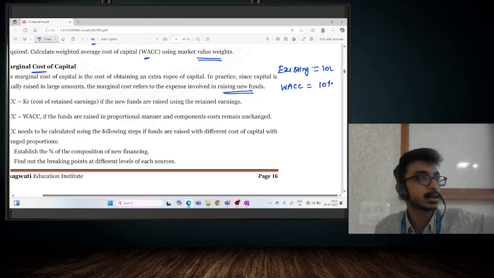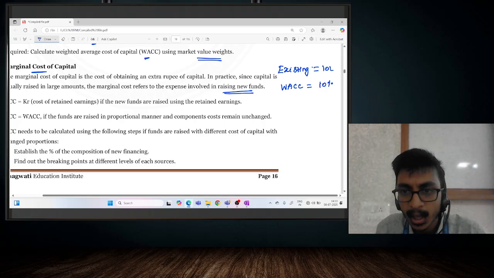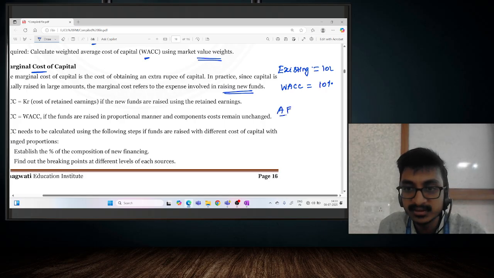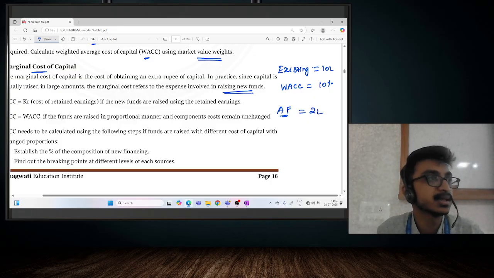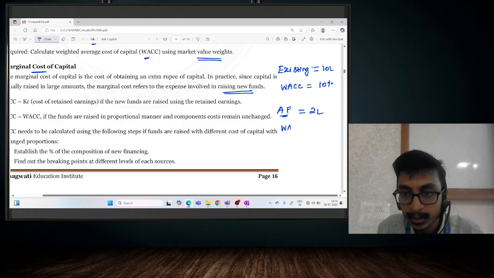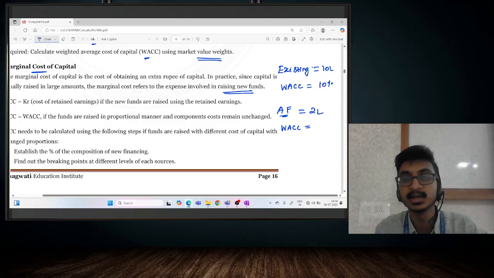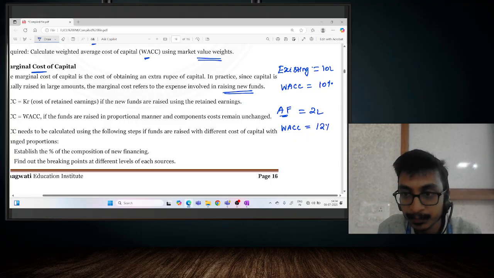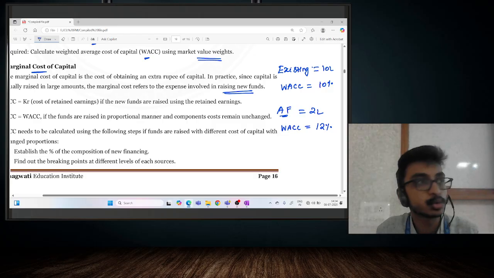Now let's say the company wants to raise an additional finance of another 2 lakh rupees. For raising this 2 lakh rupees, the cost of capital is, let's say, 12%.